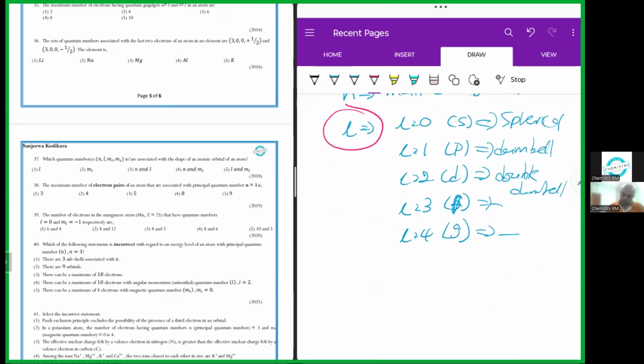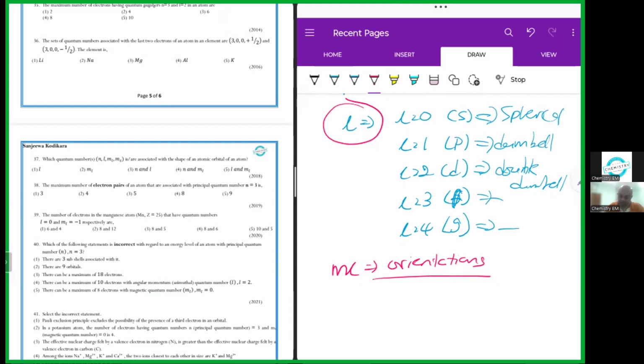And also ML means the orientations, right? So by just looking at the orientations as well, you can deduce the shapes, because orientation in an indirect way, ML gives you the idea of the orientation, but indirectly you can deduce the shape as well, right?